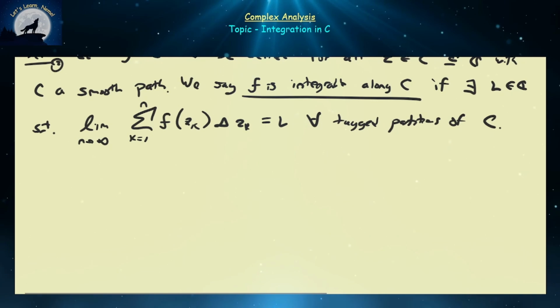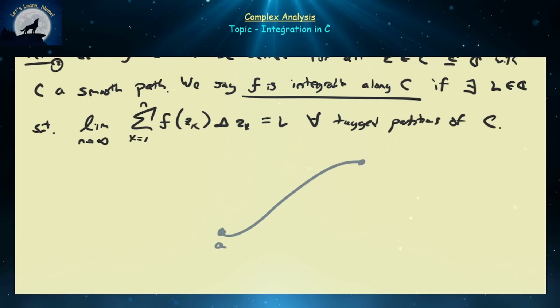Let me briefly go over this definition just to make sure you understand what it means. Let's assume that we have some path here that goes from A to B. What you need to do is truncate this path into n regions. This is going to be the first partition, the second, the third, the fourth, the fifth, the sixth, and then the seventh. So we're going to have n sub-intervals of this path C, which has n plus 1 points.